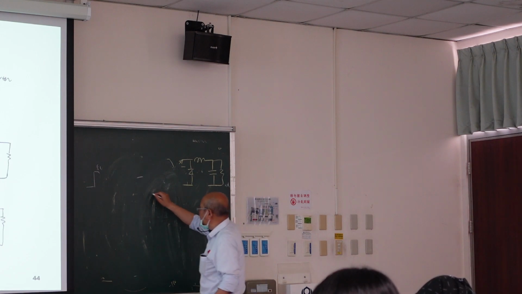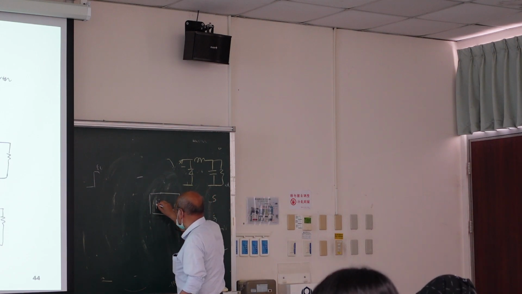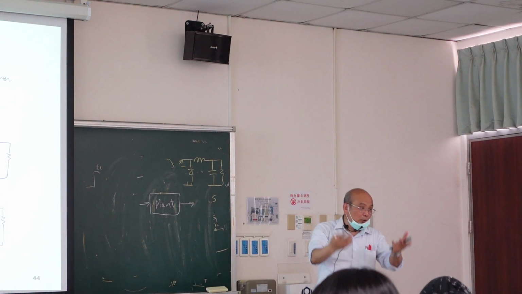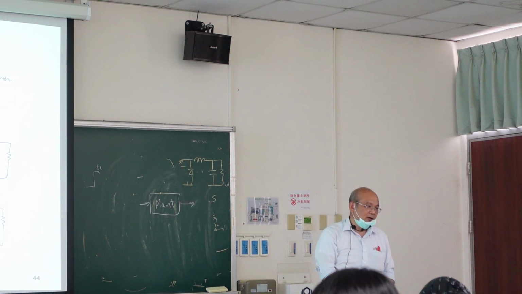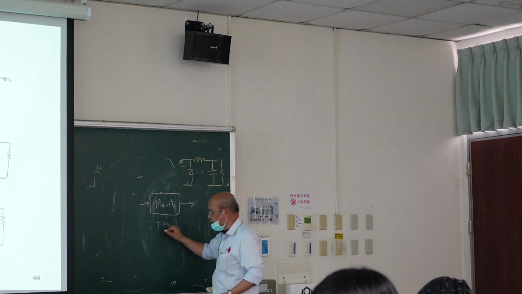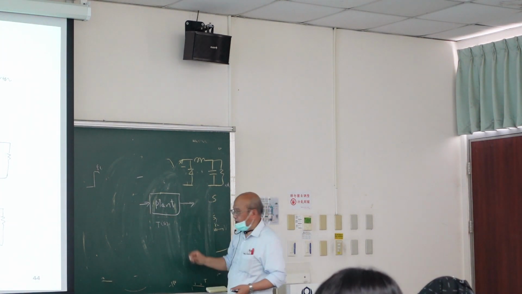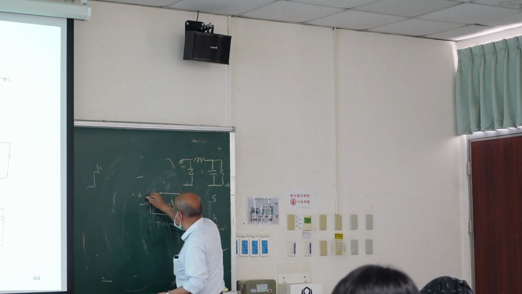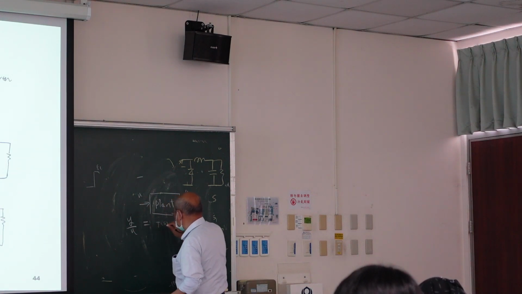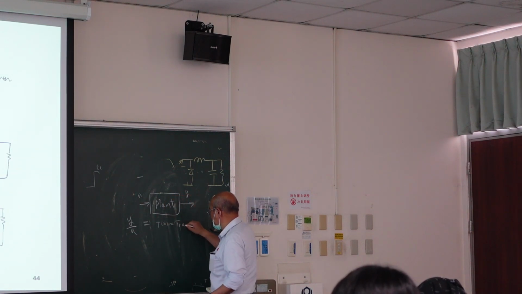If you have a plant, you want to know the model of the plant. How many ways can you use? In general, 2 ways. One we call the transfer function, right? So we take u and y. We say y divided by u is the transfer function.